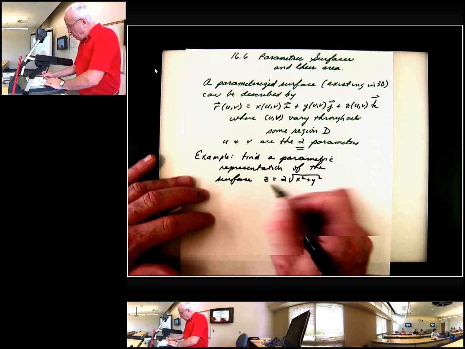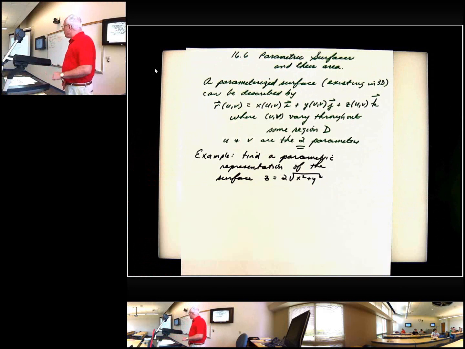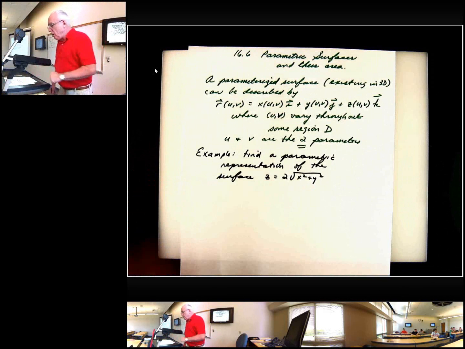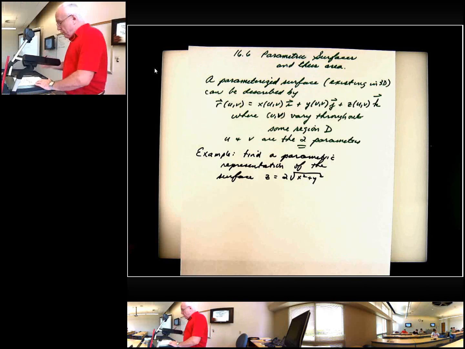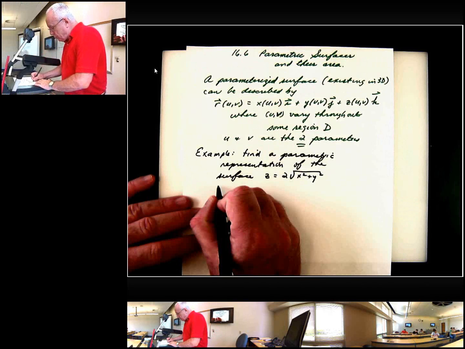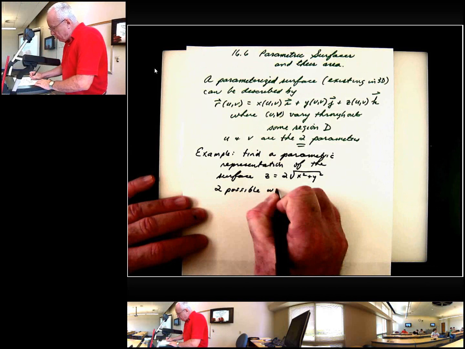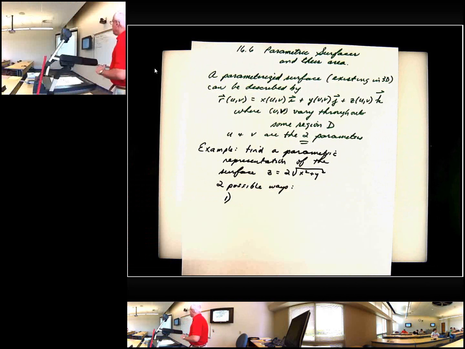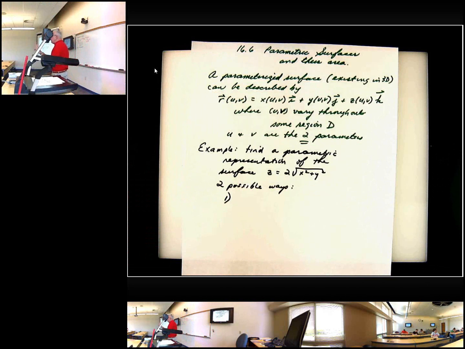Basically, we have 2 independent variables here, x and y, on the right-hand side. On the left side, we just have our z variable isolated by itself. So there's actually 2 possible ways we could parameterize this. I'm going to show both of them. The first way is this. We need two parameters, right? Well, let x equal x, let y equal y.